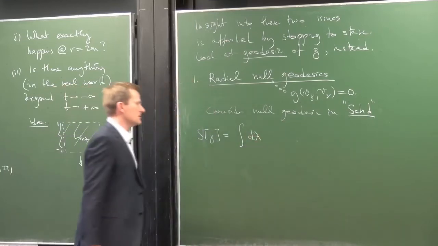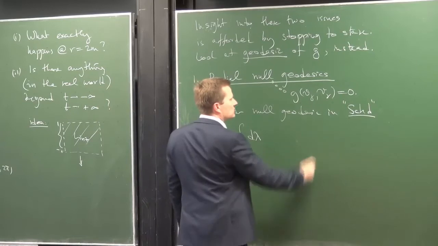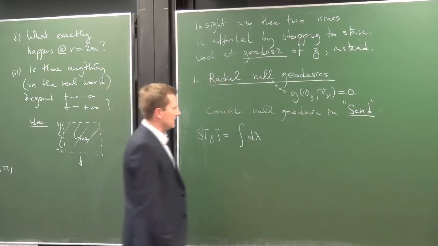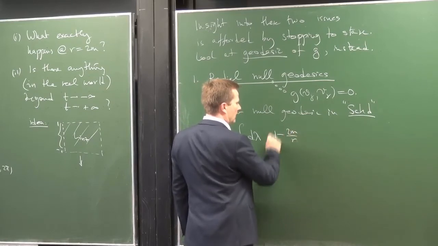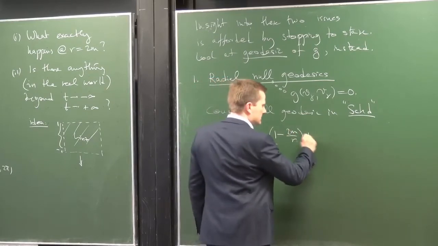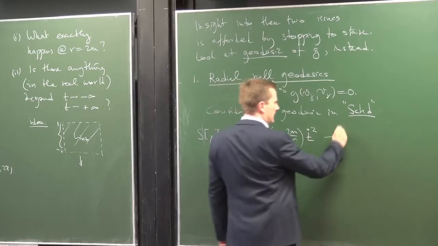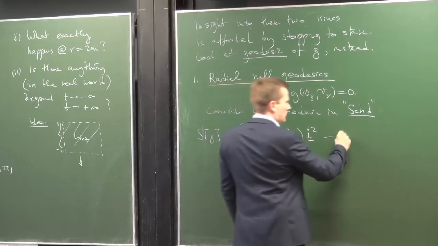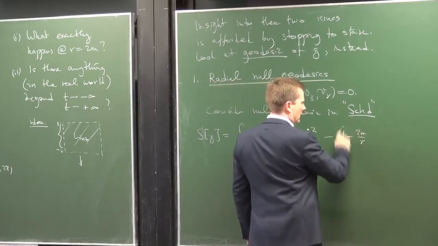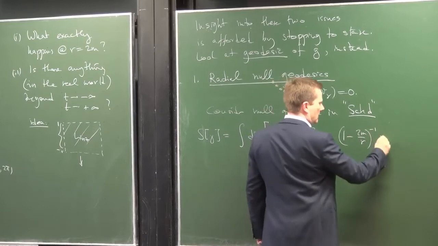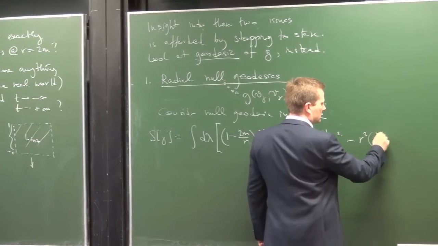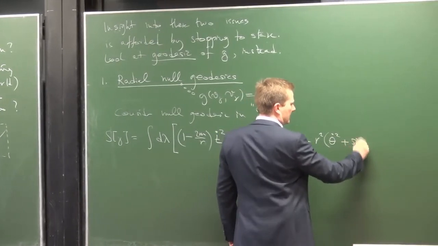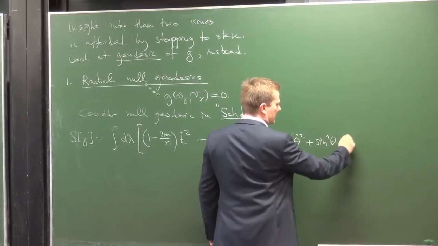And how do you get this? Well, you have this g_{μν} γ̇^μ γ̇^ν of λ. And in Schwarzschild, this becomes (1 − 2m/r) ṫ² − (1 − 2m/r)⁻¹ ṙ² − r²(θ̇² + sin²θ φ̇²).